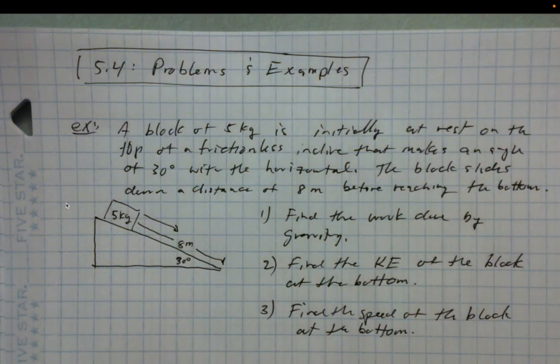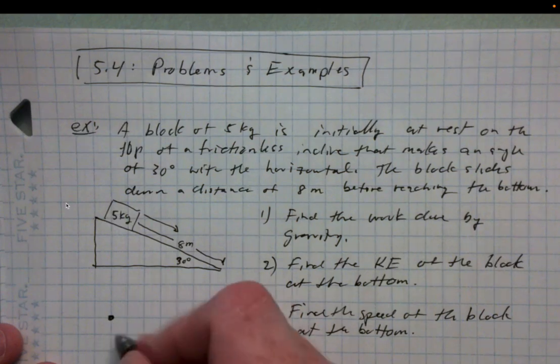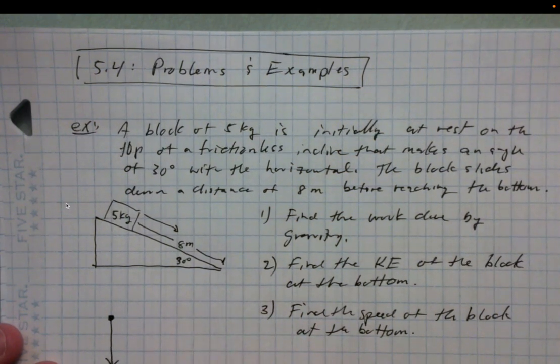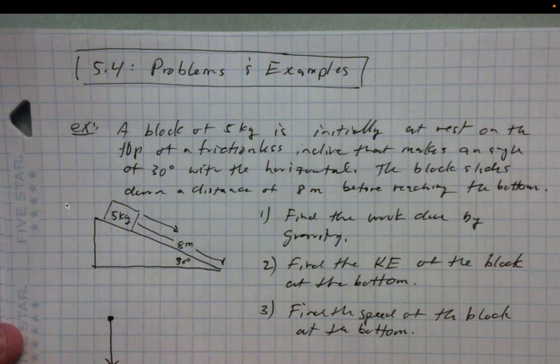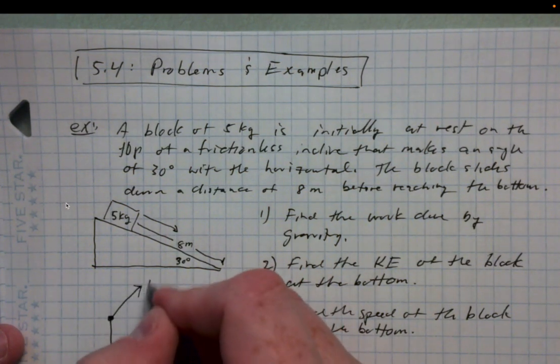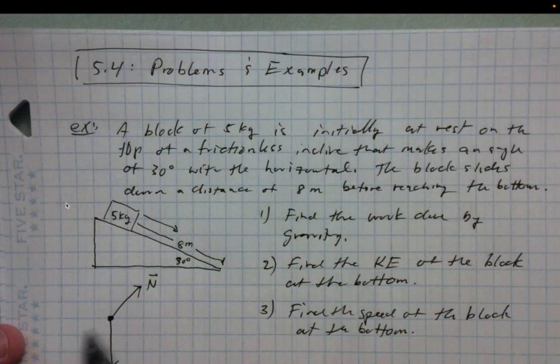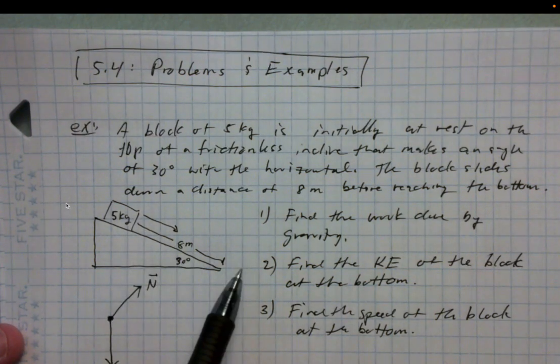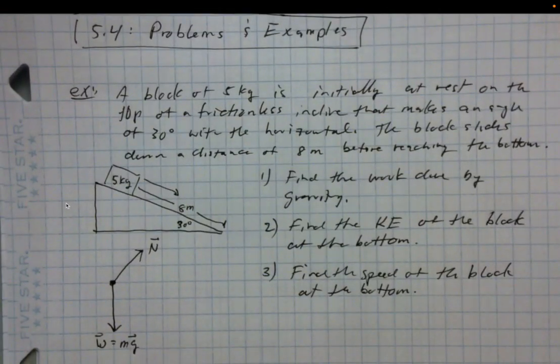All right, so we've got the picture here. Let's think about what the free body diagram looks like. You've got the weight of the thing pulling it down in this direction. You've got a normal force that's perpendicular to the incline. And really the force that's going to drag this thing down the incline is the force of gravity. But of course we have to think about gravity as having an x and a y component.